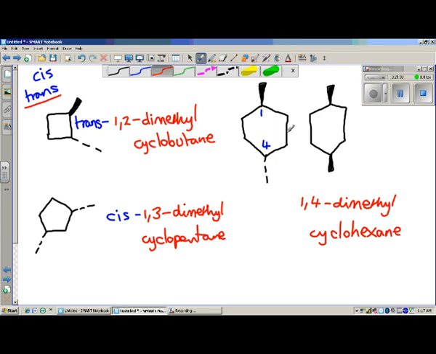These are actually two different compounds with two different sets of chemical properties, so they need two different names. We have this one that would be cis-1,4-dimethyl cyclohexane, and this one that would be trans-1,4-dimethyl cyclohexane. And that is how we name cycloalkanes. Okay. Good night, or well, good morning.